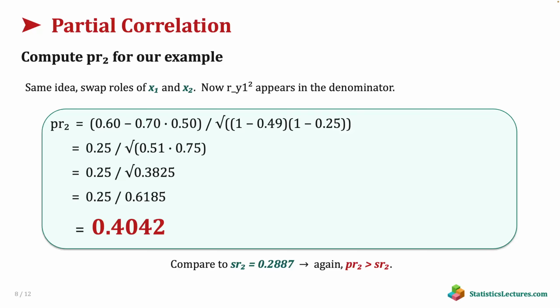We multiply those, 0.51 times 0.75, to get 0.3825. The square root of that is 0.6185, and then we divide 0.25 by that to get our final result of 0.4042. That's PR2, which is again bigger than the semi-partial SR2, which was only 0.2887.